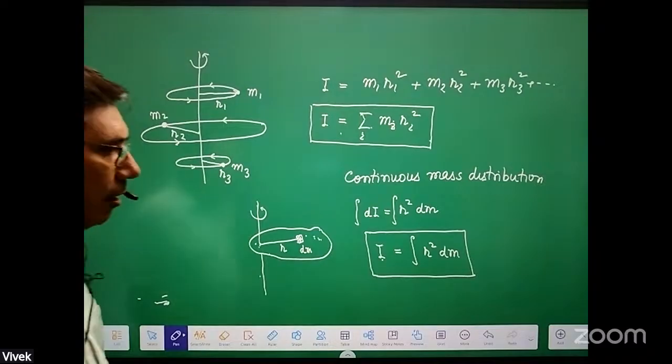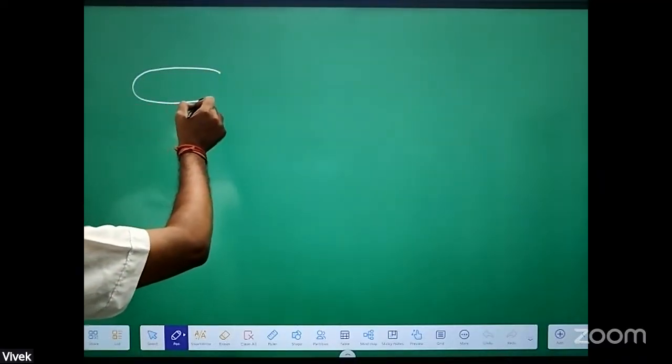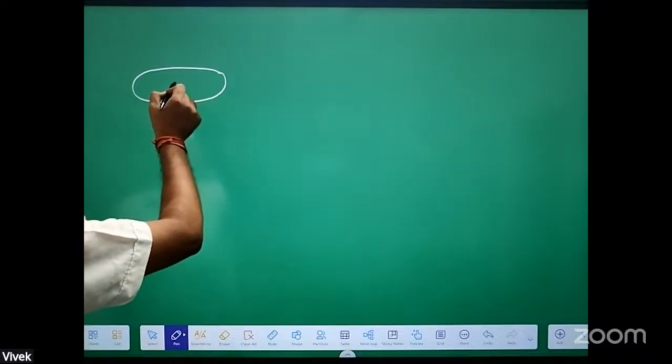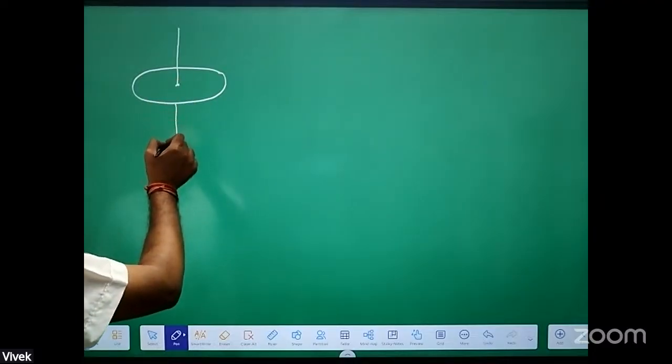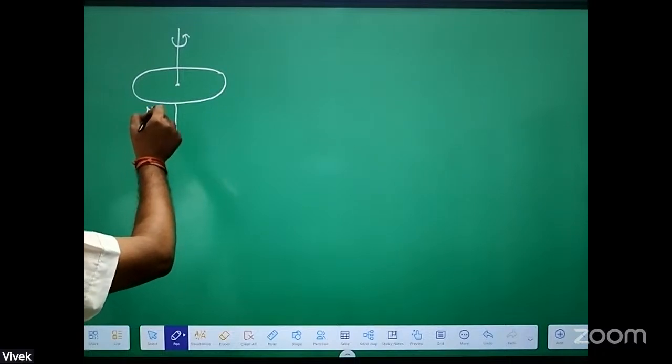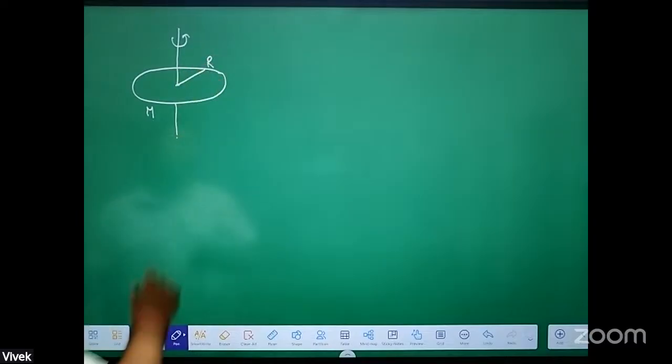For example, one more thing is there. Suppose this is a disk, and this disk is rotating about this axis. Mass is m, and its radius is r.